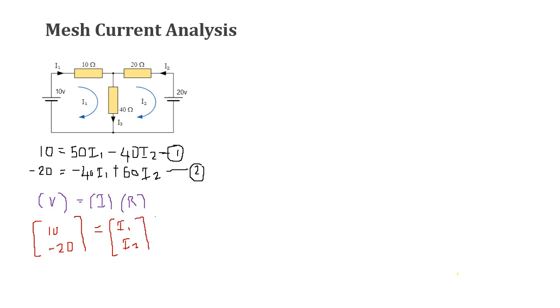Then for the R, here 50, minus 40, minus 40, and then 50 minus 40, minus 40 plus 60.